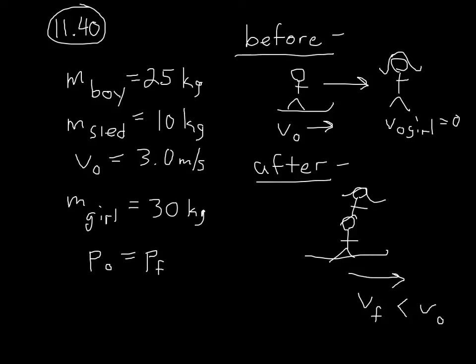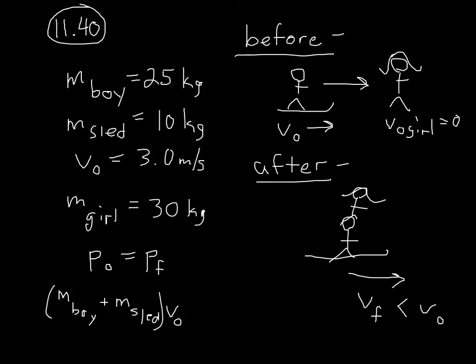So our initial momentum is going to be the mass of the boy plus the mass of the sled times their combined velocity. And that makes sense. Initially, we have this boy and this sled. We combine their masses, and they're moving at a combined 3 meters per second.